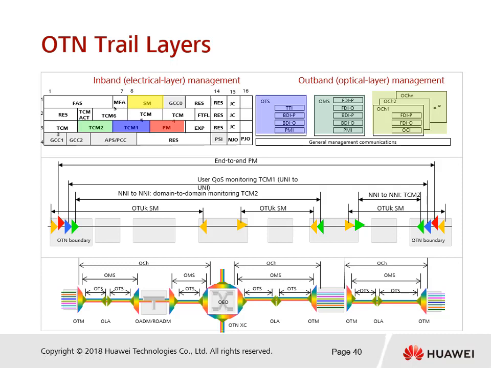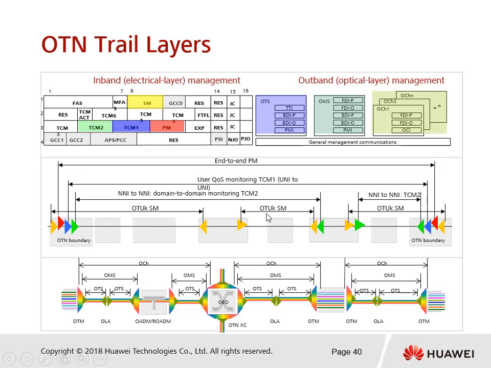And because here we have 3 OCH, for the OCH we can use the OTUK SM section monitoring. You can find from this OTN boundary to the middle one, here we can use the OTUK SM. And here we have another OTUK SM. So in total, because we have 3 OCH, we have 3 parts of the OTUK SM.